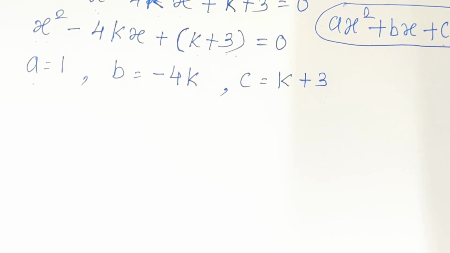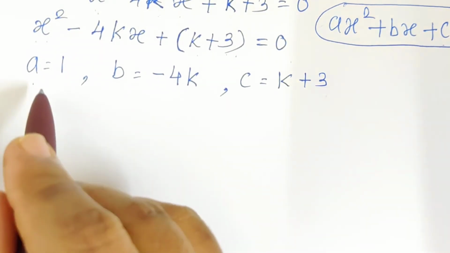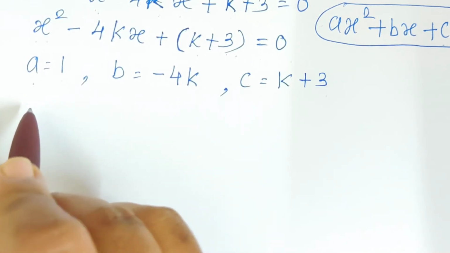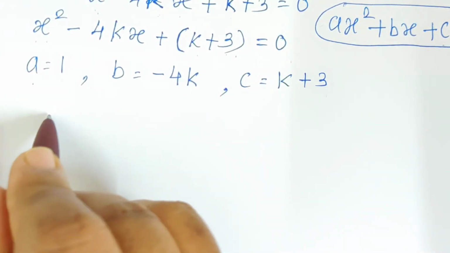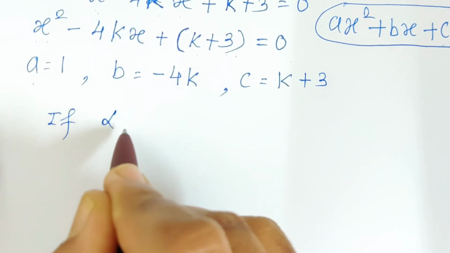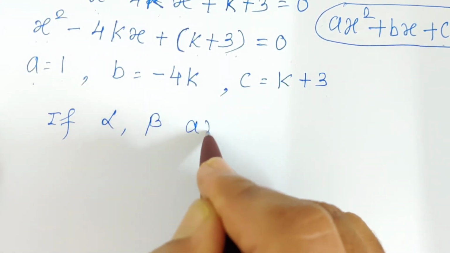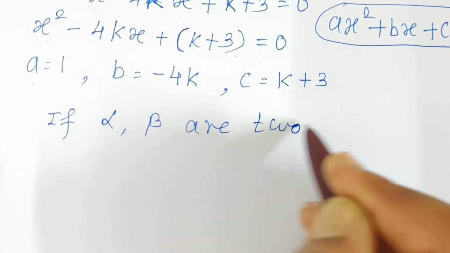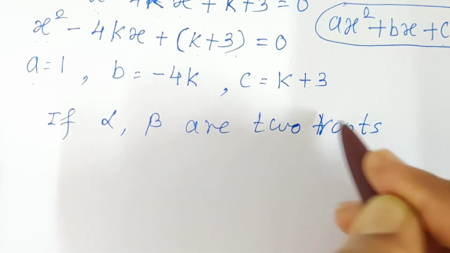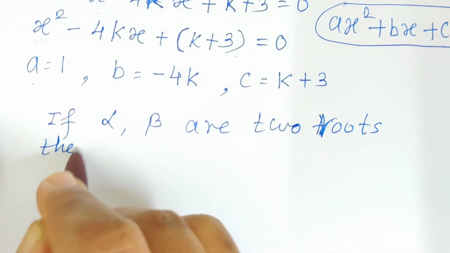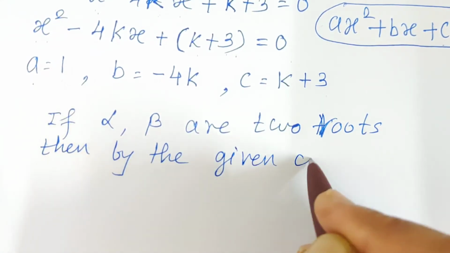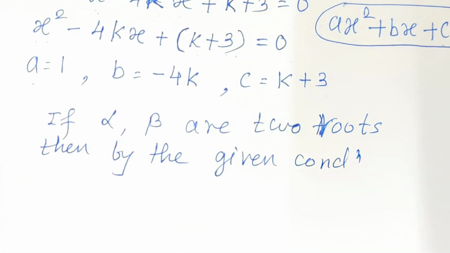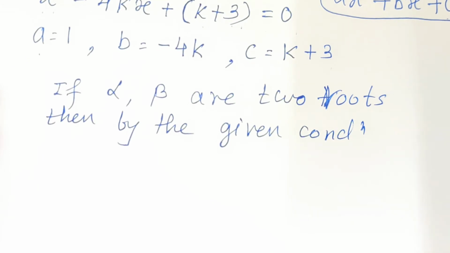By the given condition, if alpha and beta are the two roots, then the sum of the roots is double their product.